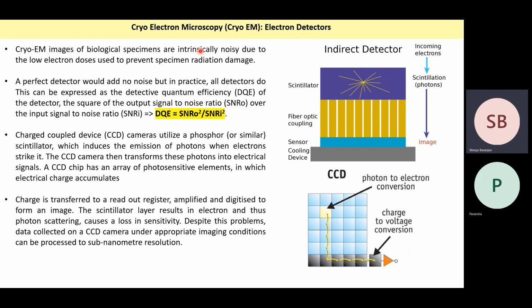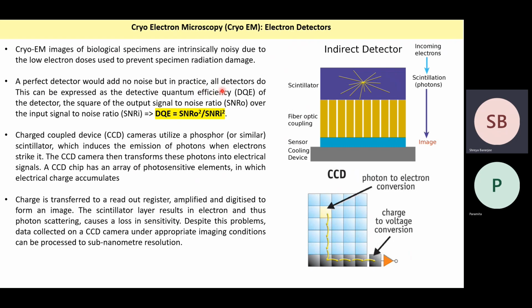There are certain characteristics of these detectors. Firstly, the electron microscopic images of biological specimens are normally very noisy because low electron doses are used to prevent specimen radiation damage. So a perfect detector would be one that adds no noise.